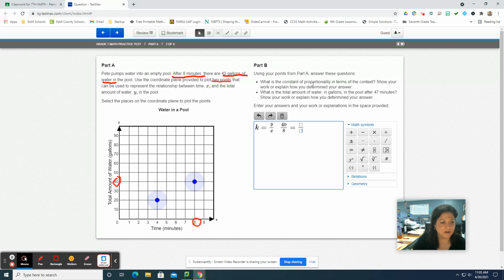And I know that the constant of proportionality means wherever x equals 1, so I'm going to put 1 down here. Okay. Now I'm going to look at this and say, well, if 8 divided by 8 equals 1, then 40 divided by 8 equals 5. And my constant would be 5.